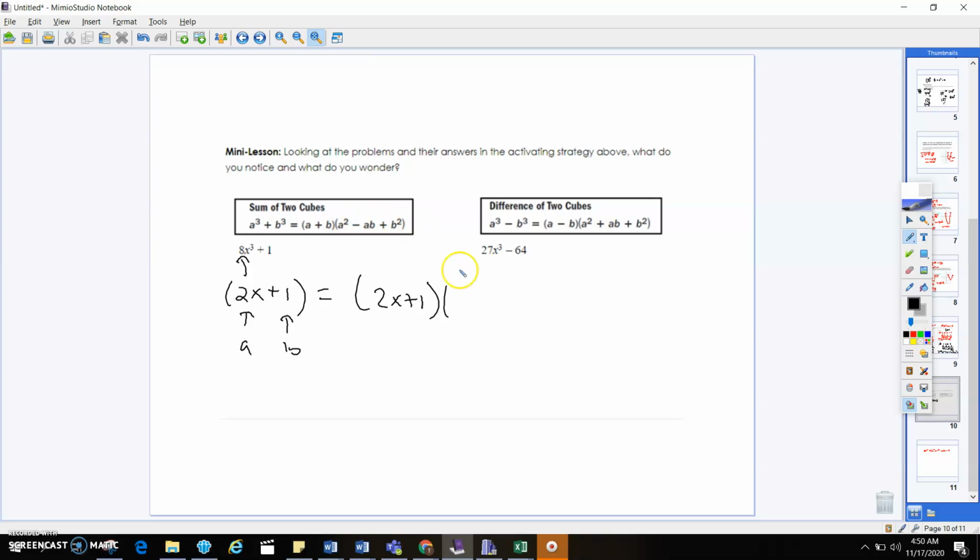And then a squared is going to be, sorry, that's my pup. That's going to be 4x squared minus a times b, which is going to be 2x, plus b squared, which is 1. If you multiply this out, you're going to get a cubed plus b cubed. Okay? Now, the difference of two cubes is a cubed minus b cubed.